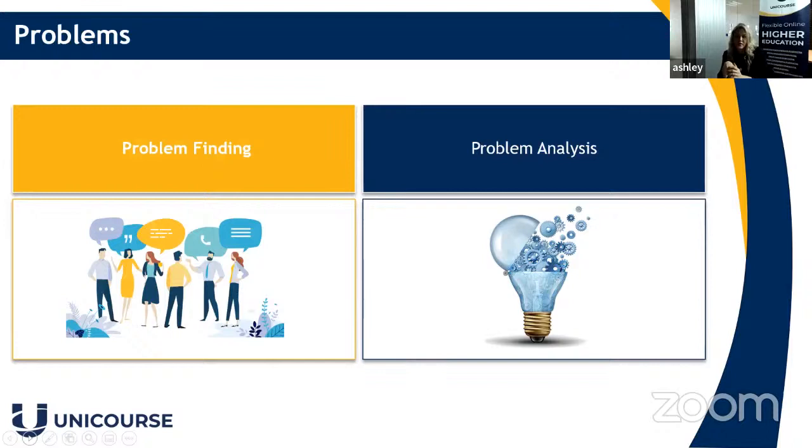And you often do need to have a strong skill for critical thinking when problem finding. But problem analysis also involves critical thinking, but it's about looking deep into a problem to resolve it. So to find exactly what that problem is, the solution will need to address the root cause or the symptoms or both.